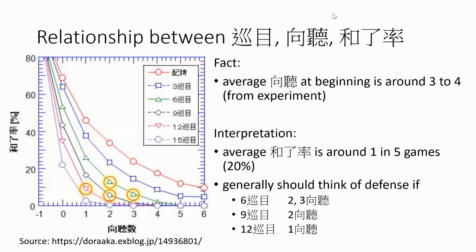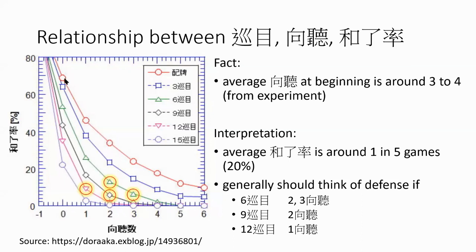Okay. 向聽 is something that I have already explained in the previous slides, and you should be able to see from this graph over here that the smaller the number of 向聽, the higher the probability of winning. Okay, and also the probability would be affected by the number of 秦目. Say, for example, for the same number of 向聽, say 零向聽, which essentially means you are already 叫戶.